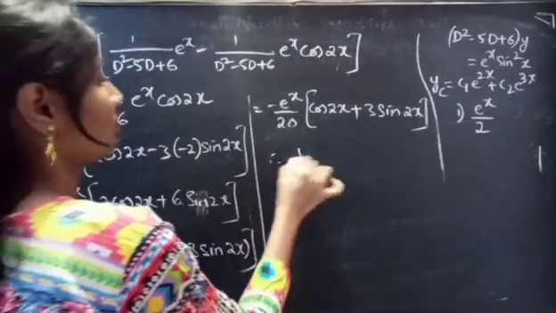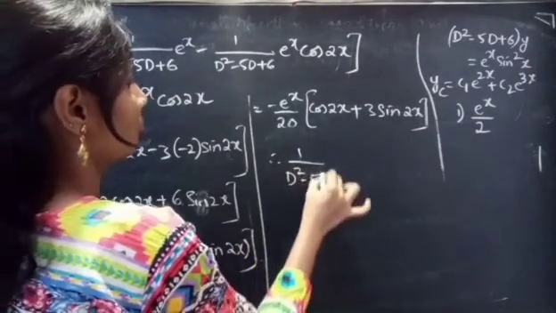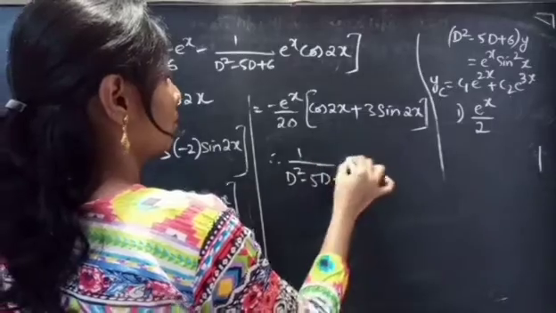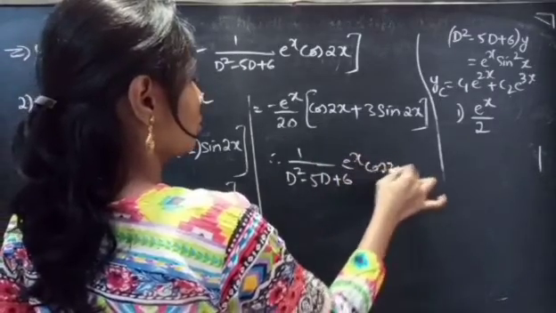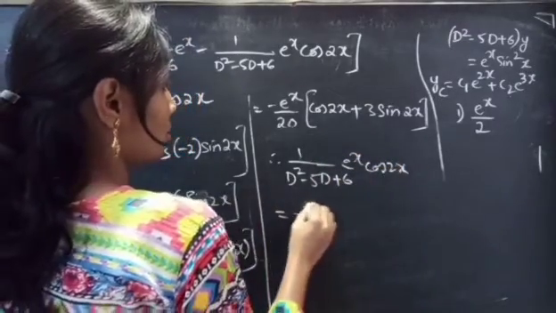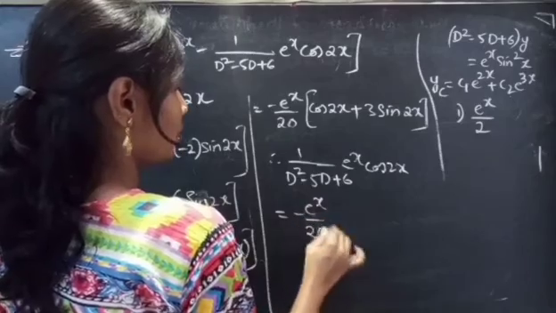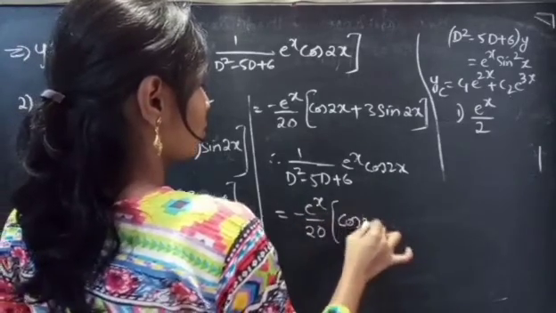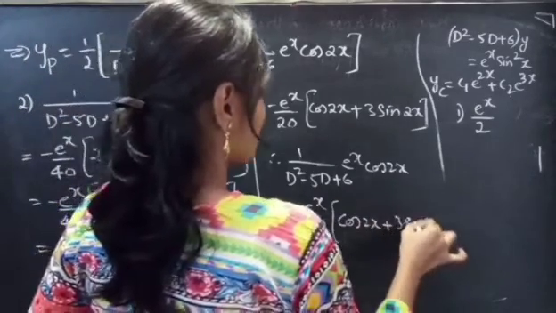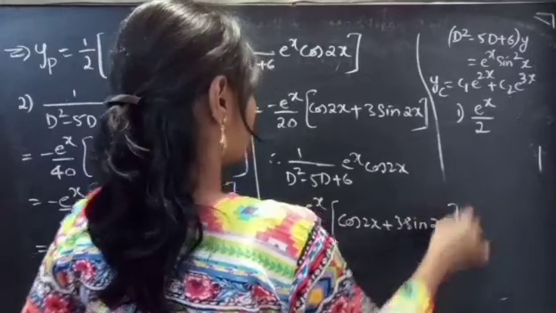Therefore, 1 by f of d into e power x cos 2x is minus e power x by 20 into cos 2x plus 3 sin 2x, right?